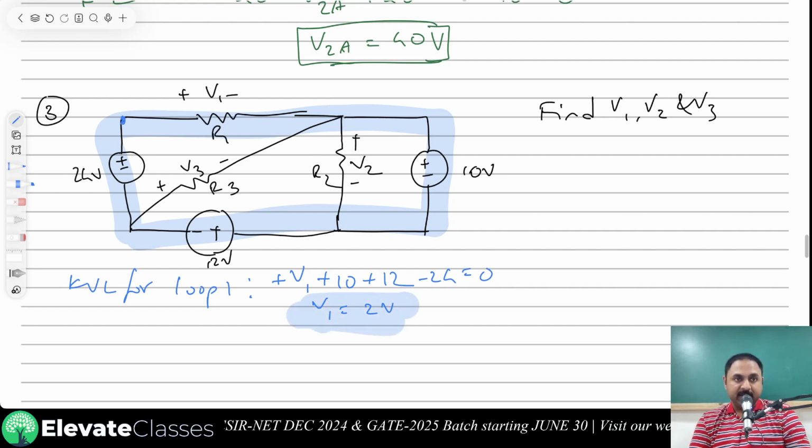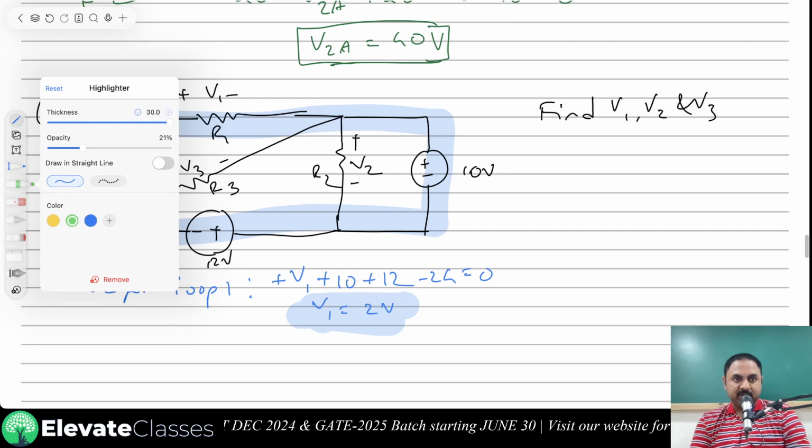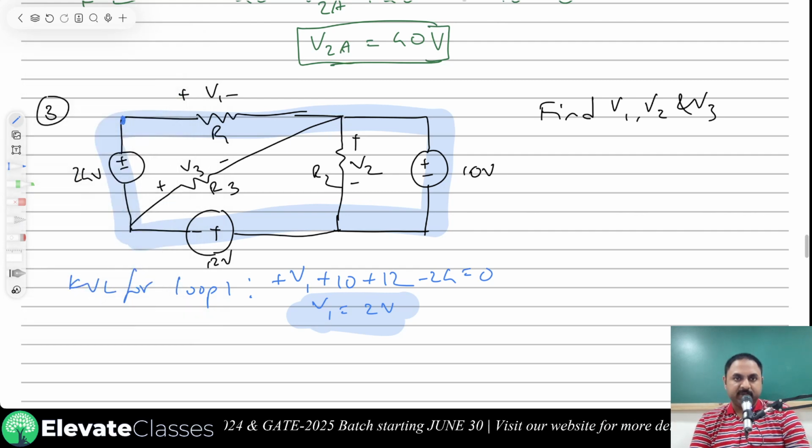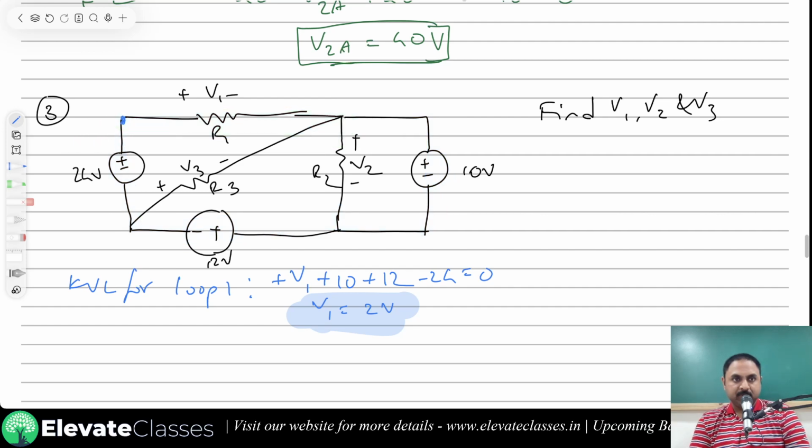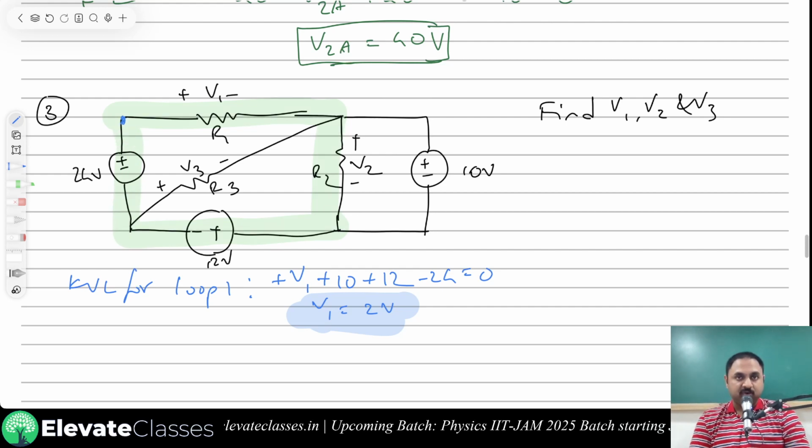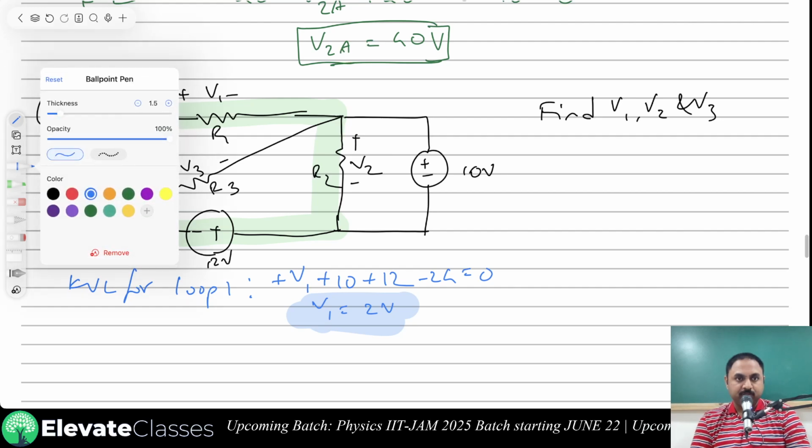Now I need to choose another loop, because there are two more quantities that I have to find out. Let us choose this loop now. Already I know V1, so only one unknown quantity again.